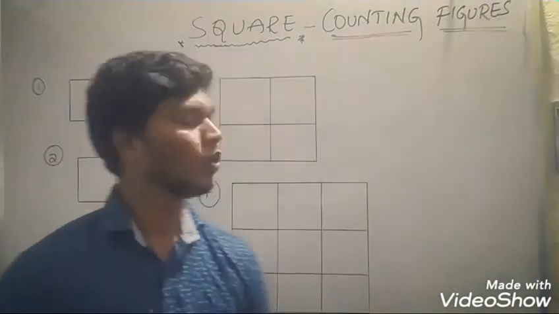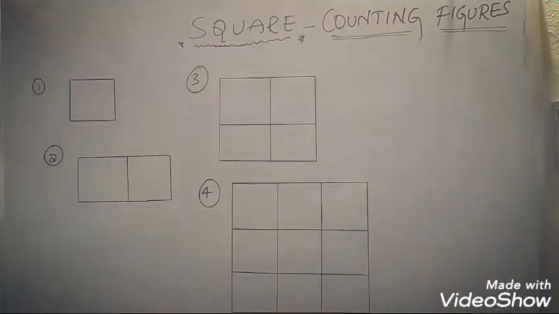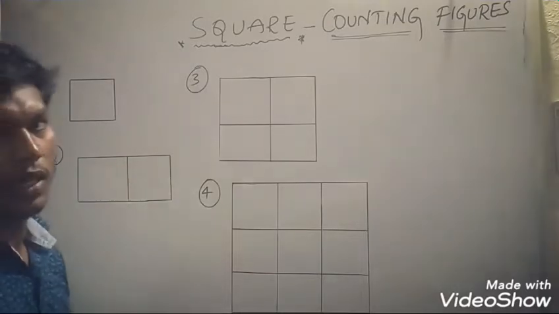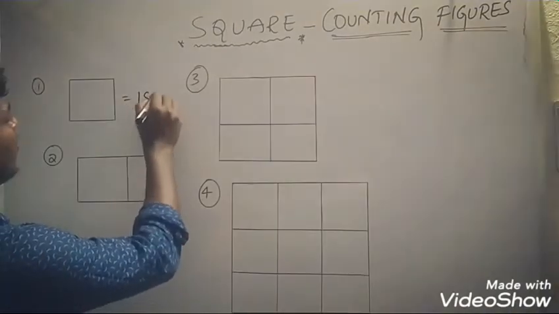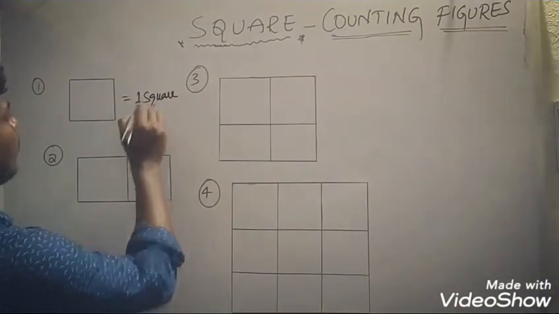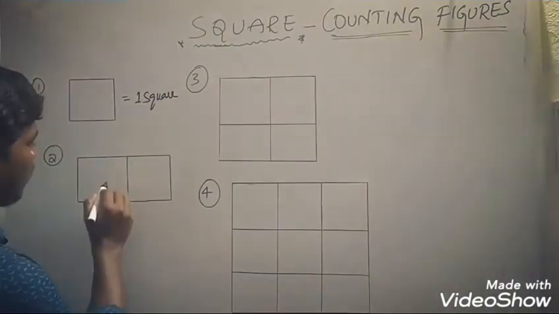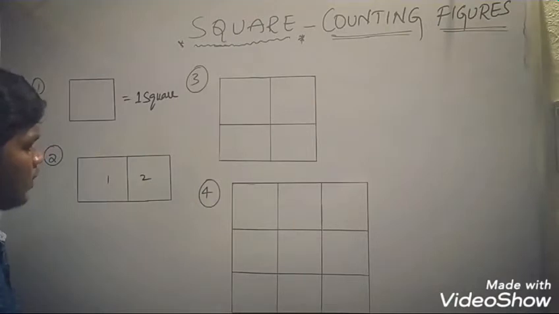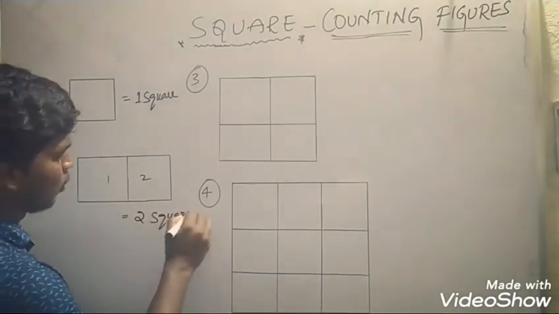Okay friends, now go to question number 1, that is figure number 1. How many squares are there? In figure number 1, obviously there is only one square. Next, in figure number 2, we have 1, 2, so we have only two squares.